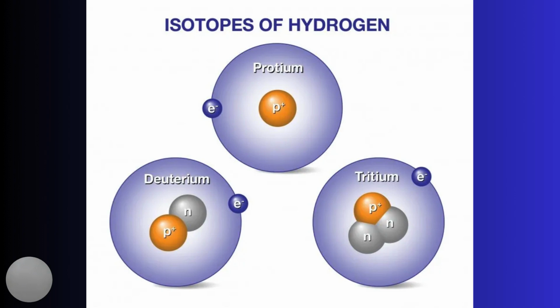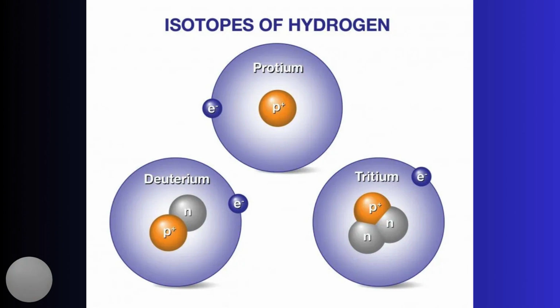We have isotopes of hydrogen. Isotopes are like the children of hydrogen. Even if you are twins, you have different characters and attitudes. The same goes for the light elements, which have isotopes. Hydrogen's isotopes are protium, deuterium, and tritium.